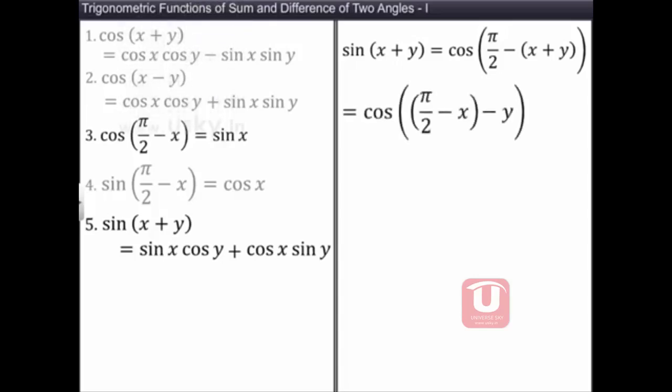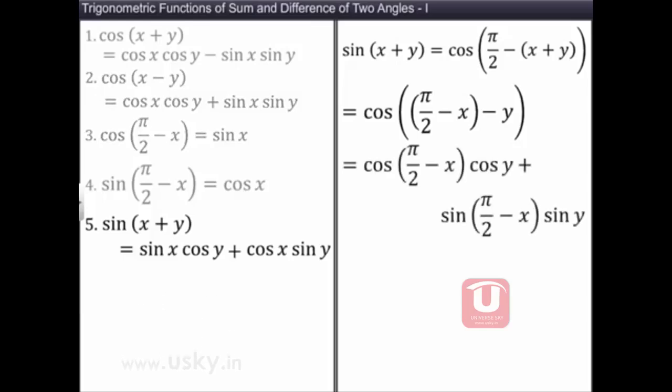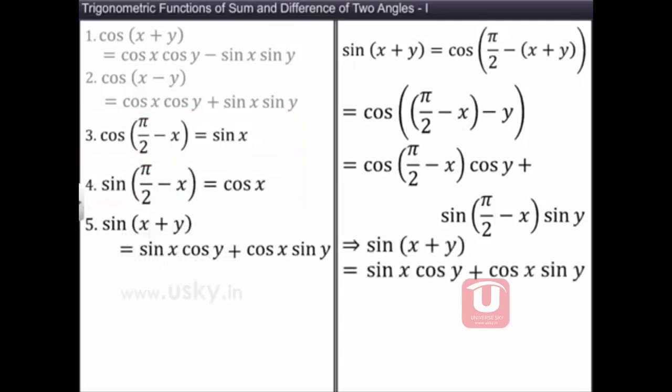Rearranging the terms inside the bracket and using equation 2, we have cos of pi by 2 minus x into cos y plus sin of pi by 2 minus x into sin y. Now using equations 3 and 4, we get sin of x plus y is equal to sin x into cos y plus cos x into sin y.